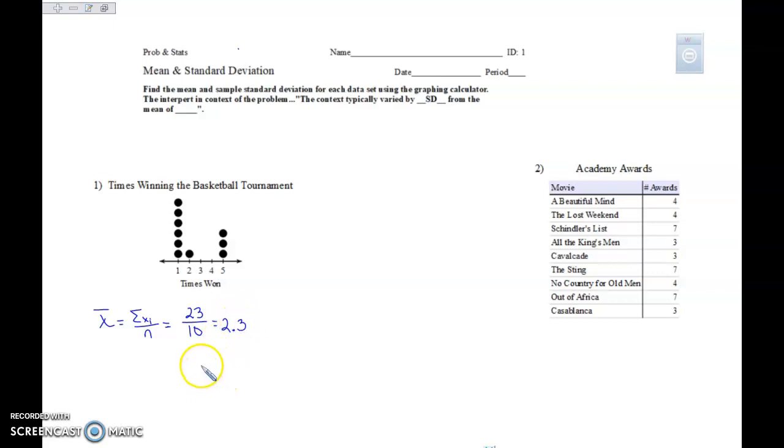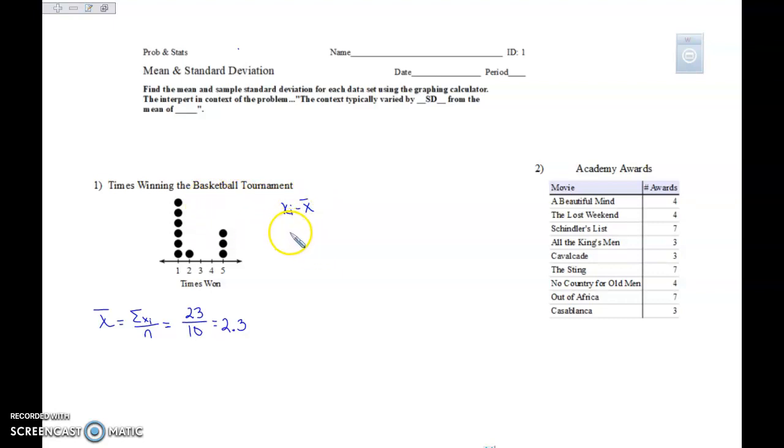Okay, so then to be able to find the standard deviation, you're going to take the subtraction between each of your data values and that mean. So next we're going to find the x sub i minus x bar for each one of these.